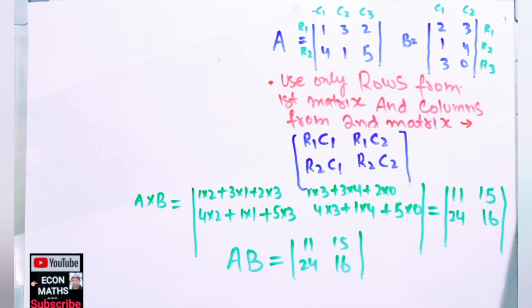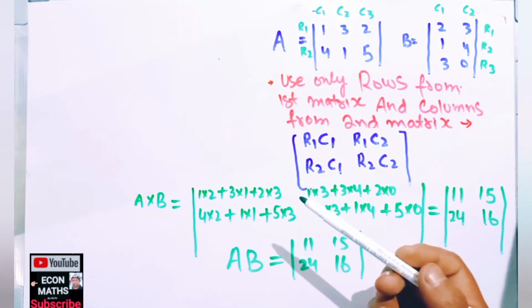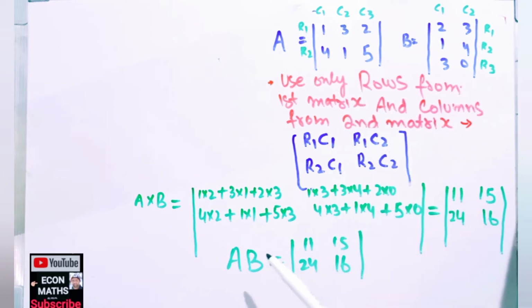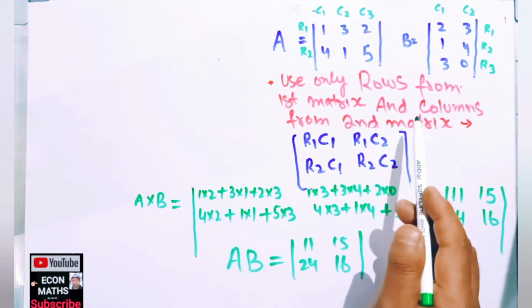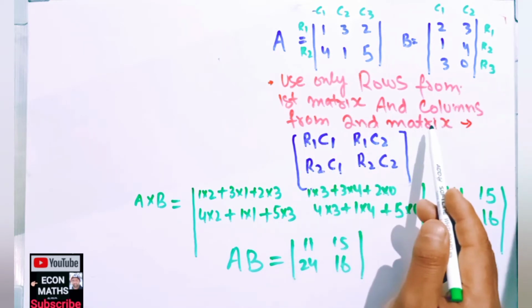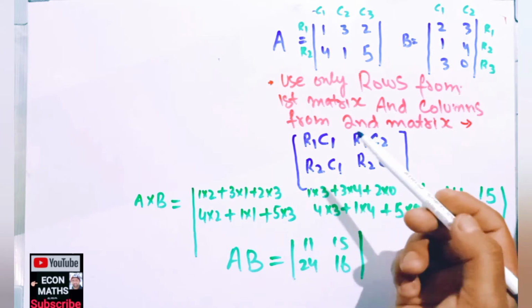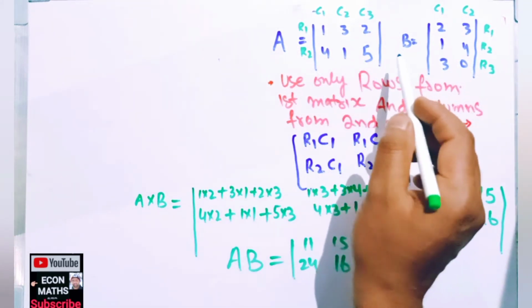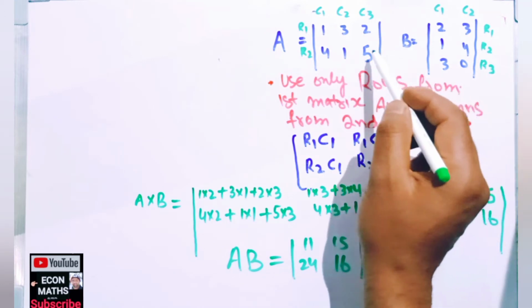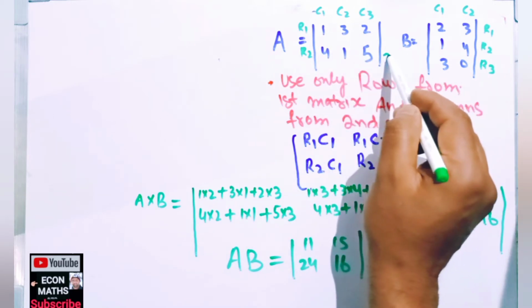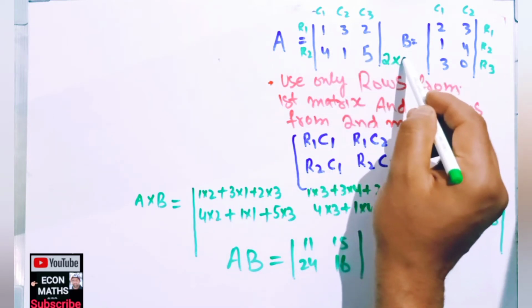So this is the matrix multiplication, and only one thing is to be remembered, that is we have to use the rows of the first matrix and columns from the second matrix. Now we have seen these were conformable matrices, because the dimension of the first matrix was 2 rows and 3 columns.